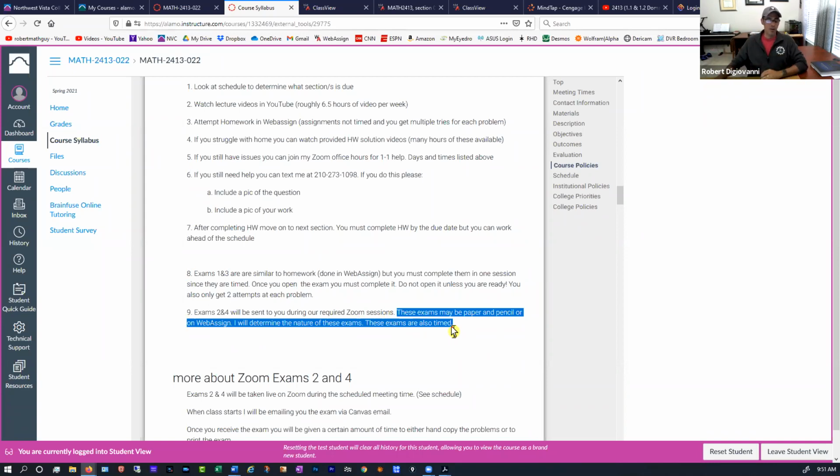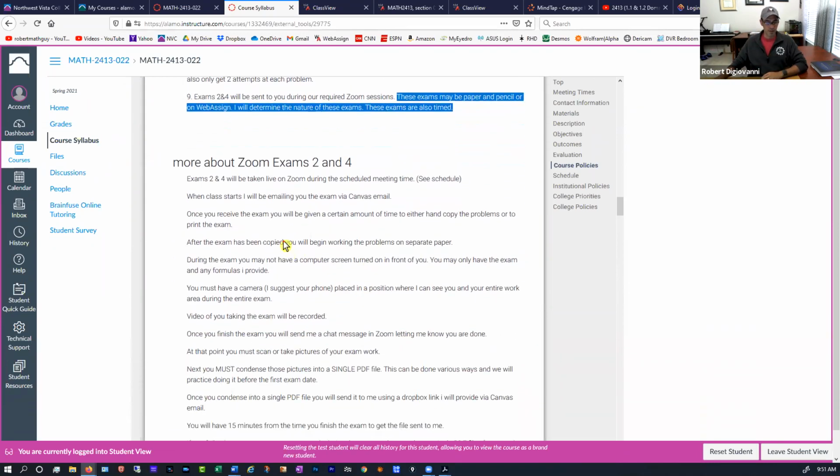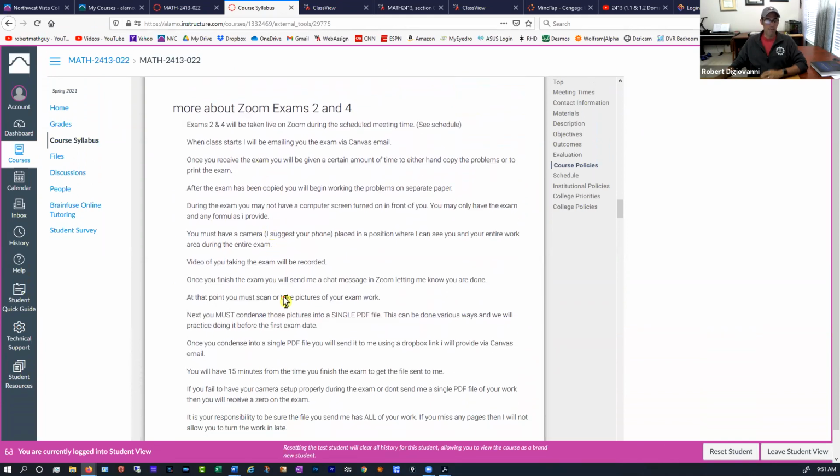So what I'm going to do, and this explains how exams 2 and 4 will work, is everyone has to be in the Zoom session. I'm going to send everybody a copy of an exam. And what you're going to do is spend the first 10 minutes, maybe 15 minutes copying down all the problems.